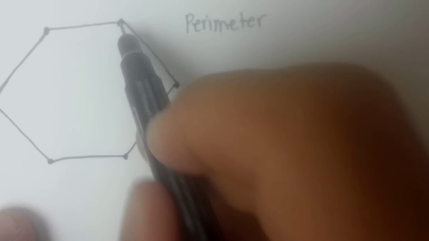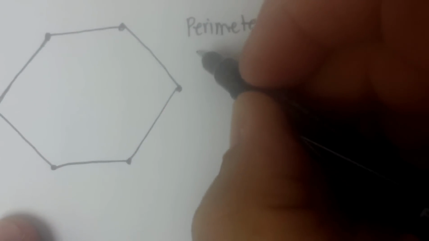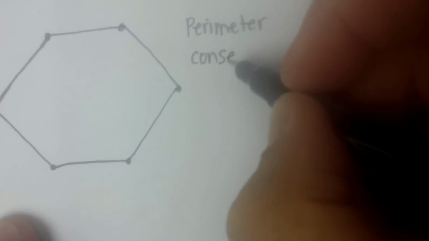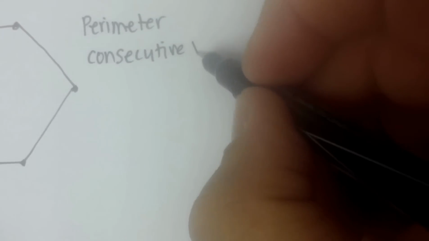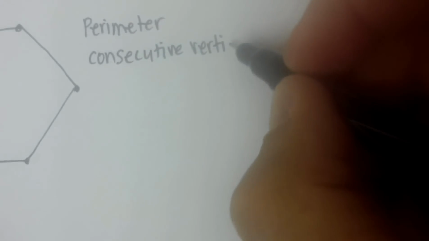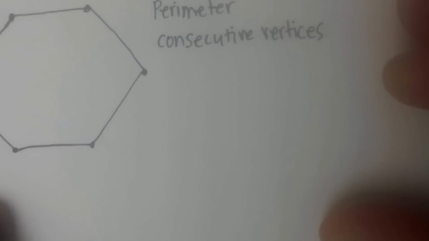To go from one vertex to the next one over, to the next one over, those are called consecutive vertices. Again, remember this is a plural form, vertices. To go from the angle that's created to the next angle to the next angle, those are called consecutive angles.